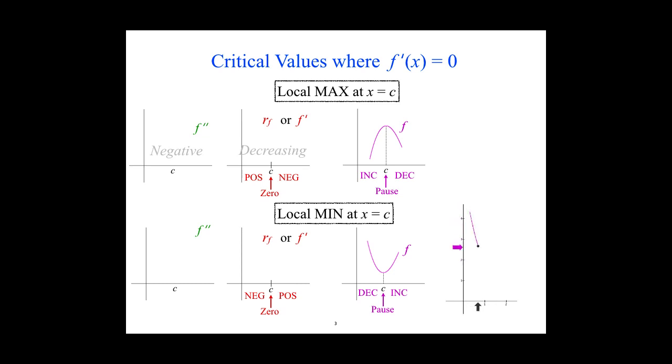So maybe it's some sort of line that goes up like this, or just something that goes from negative, hits that spot on the axis, and goes up somehow or another. But if this function is going from negative to 0 to positive, that means that however it might be doing so, straight line or otherwise, this rate function is increasing all the time.